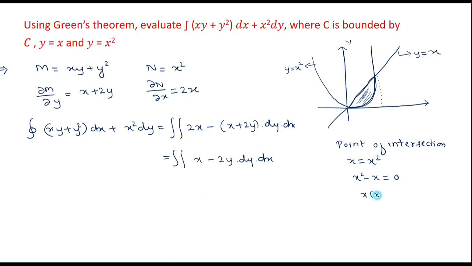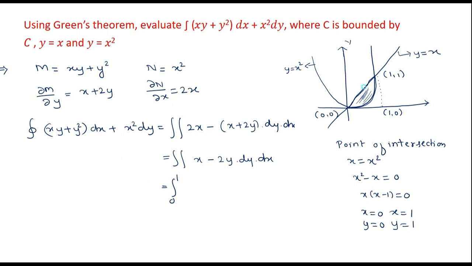So x common, x minus 1 is equal to 0. x is 0 or x is equal to 1. If x is 0, y is also equal to 0. And if x is equal to 1, y is also equal to 1. So this is (0, 0) and here it is (1, 1). So you can see that the limits for x are from 0 to 1.